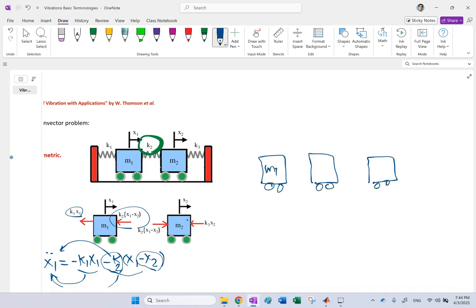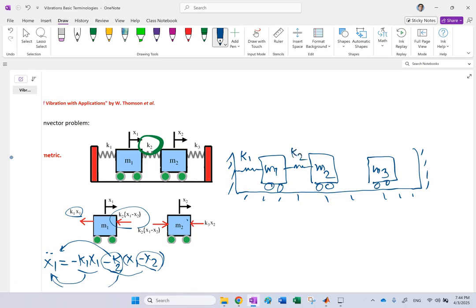So here I call it M1, M2, M3, and then here K1, K2, K3, and K4, right? So if I say what is the M matrix here and what is the K matrix here, what would you say?